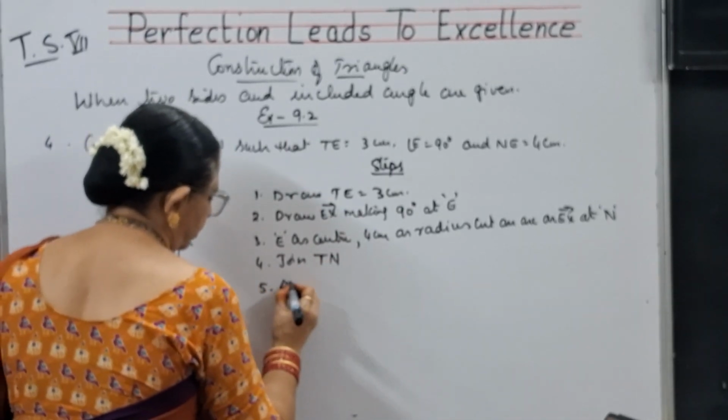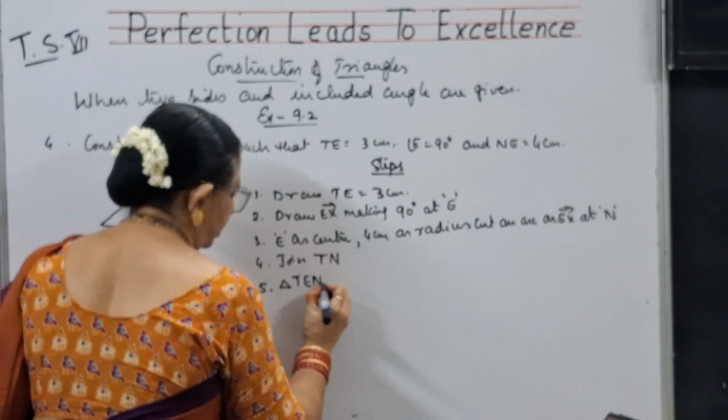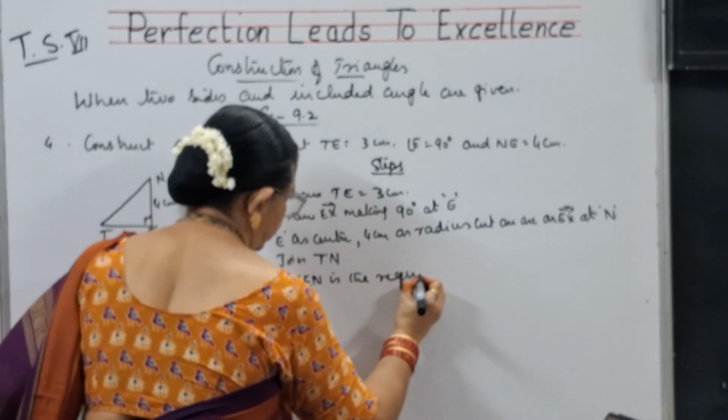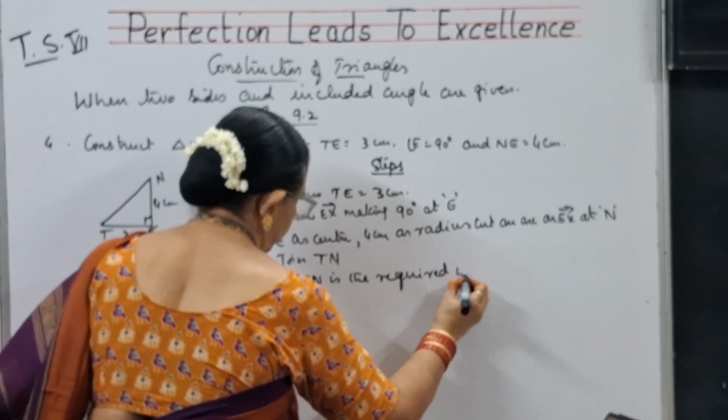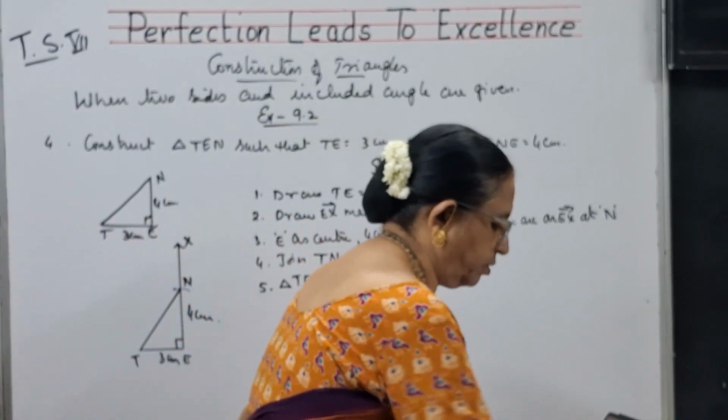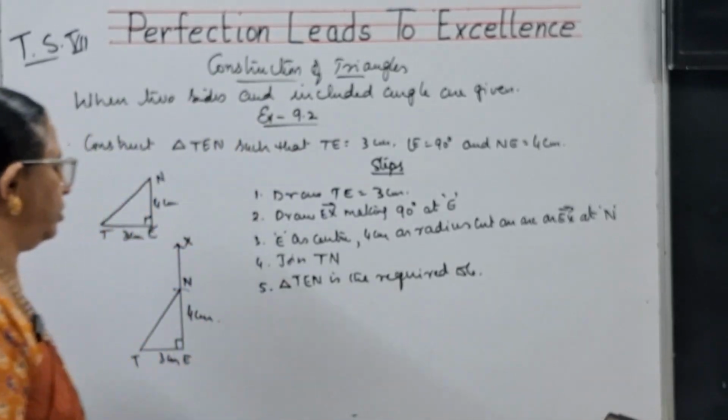Fifth point, triangle TEN is the required triangle. This is the construction, children. Please write down.